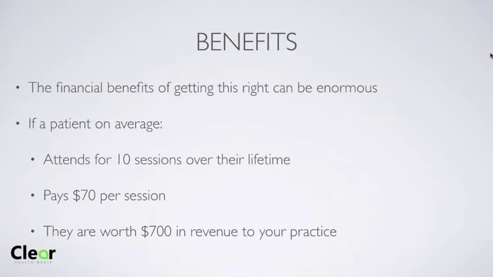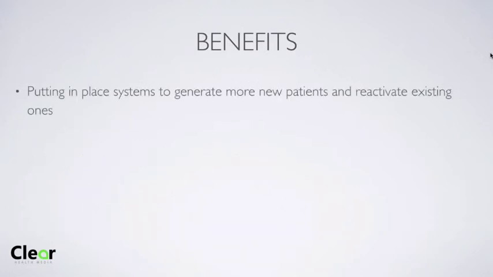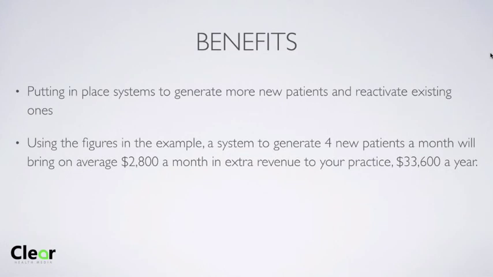Okay, so say our new patient's worth $700 in revenue to our practice on average. We can then work out that if we put in place systems to generate more new patients and retain the existing ones, say we generated 4 new patients a month at $700, that's $2,800 more in revenue into your practice each month.